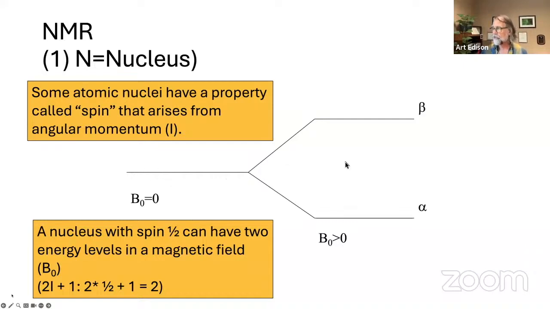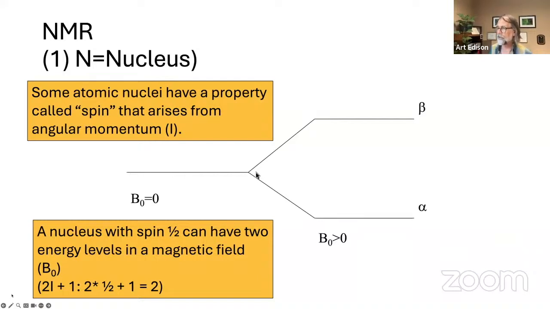So this diagram right here is a typical NMR energetic diagram. Outside of a magnetic field, where the field is zero, which is actually pretty much impossible because the Earth is a magnetic field, but outside of the magnet that we're talking about, we'll assume the magnetic field is zero, and there is no separation between these two energy levels, alpha and beta, so there's no energy gap.